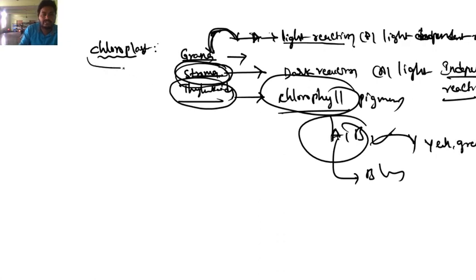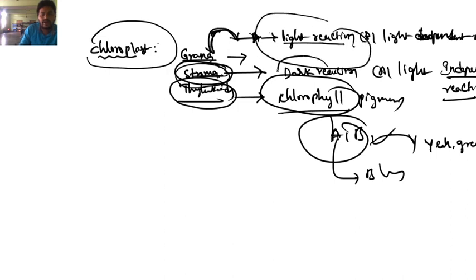So today we are discussing the light reaction and the dark reaction. First one is the light reaction.